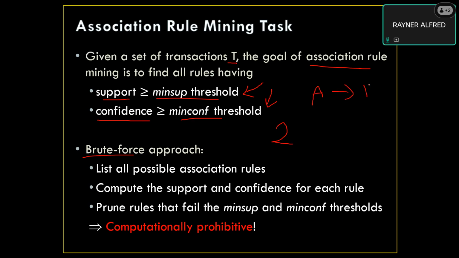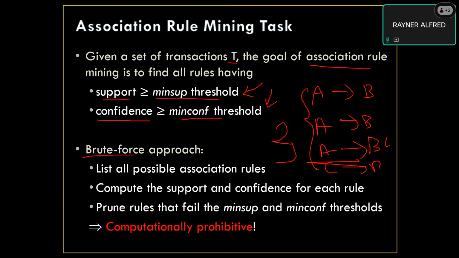But if we have three items, we have A to B, C, and then C to B, and so on. So brute force will try to find all possible combinations of items to form the association rules. Each of these will have its own support and confidence, just by counting whether the itemset exists in the transactions.